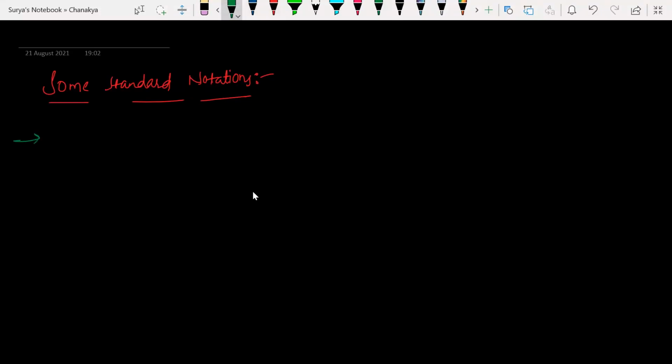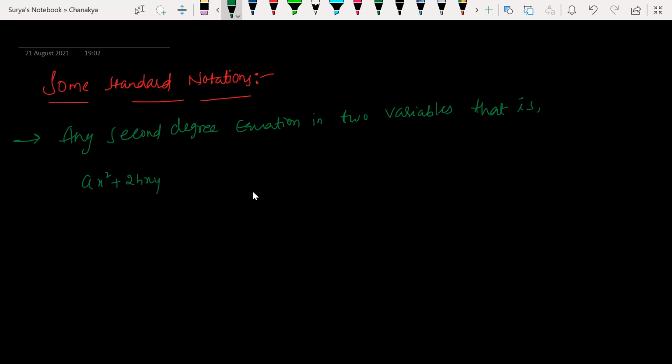Everyone write this. Any second degree equation in two variables, that is ax square plus 2hxy plus by square plus 2gx plus 2fy plus c is equal to 0, will be represented as S is equal to 0.